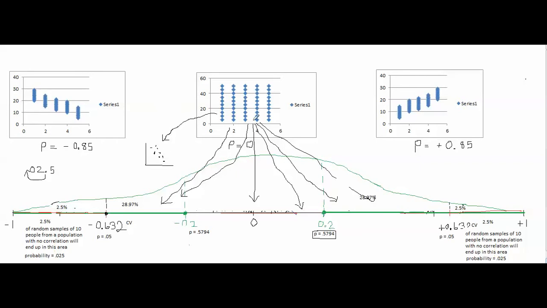That's why samples from a population with no correlation only end up in here 2.5% of the time. They only end up in the strong negative area 2.5% of the time.